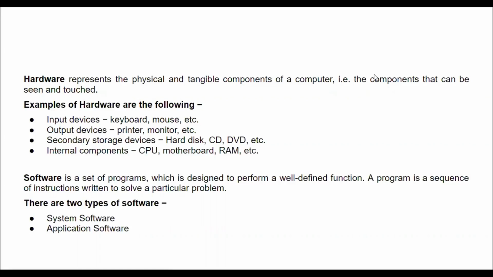Examples of software include operating systems, which allow for easy use of the computer's processing power, as well as applications like Notepad and Firefox. There are two types of software: system software and application software.